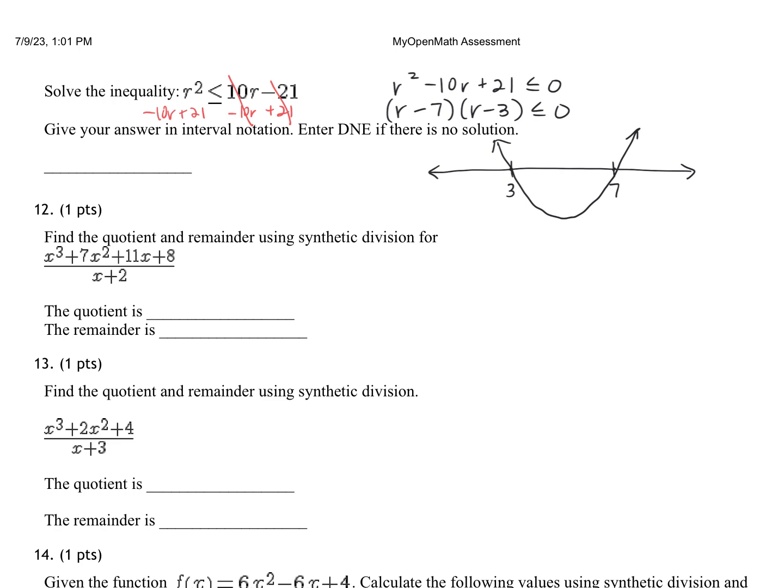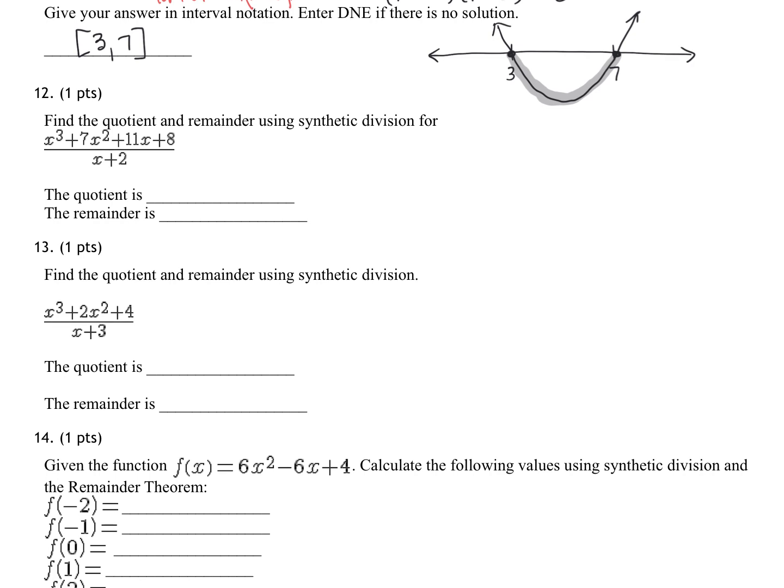And then I'm looking for, since this is less than or equal to, everything that's below the line. So that would be everything down here. Since it's less than or equal to, it's going to be solid dots. So the interval that works is the numbers between 3 and 7. If you need more explanation, remember that you can go find the videos in my Open Math for this section.